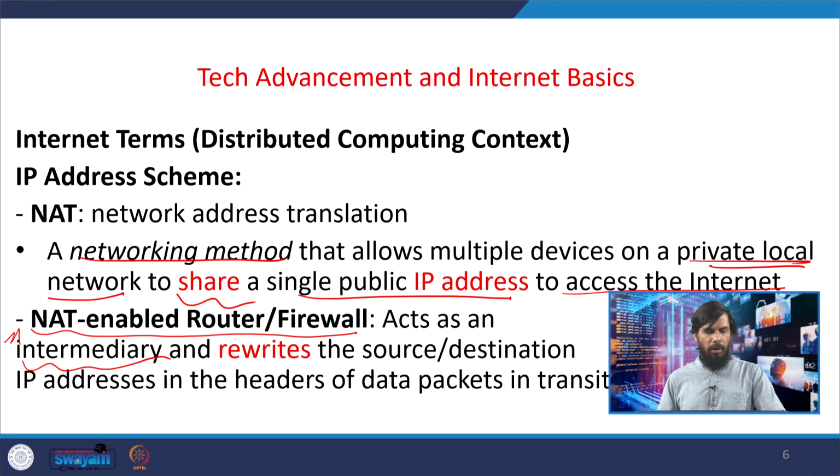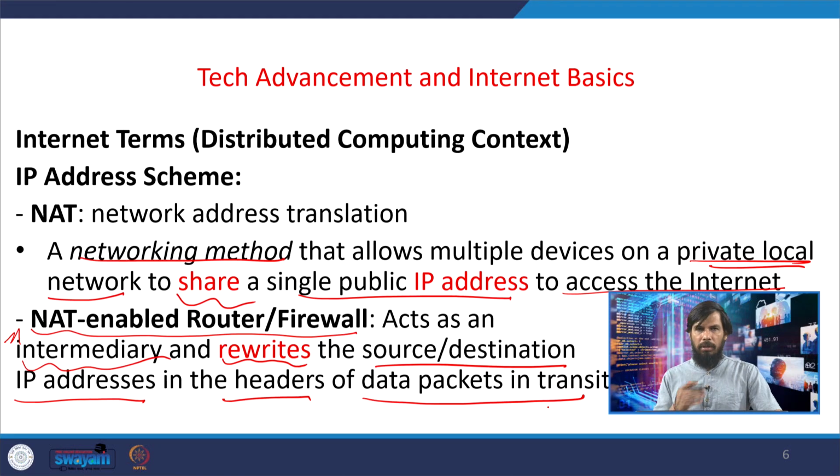So, the NAT enabled router or firewall will act as an intermediary, and what they will do is rewrite the source and destination IP addresses in the headers of data packets in transit. So, the data packets which are being sent from one client computer to a server which is outside the organization's domain network, there would be a header which will have the source or destination IP addresses.